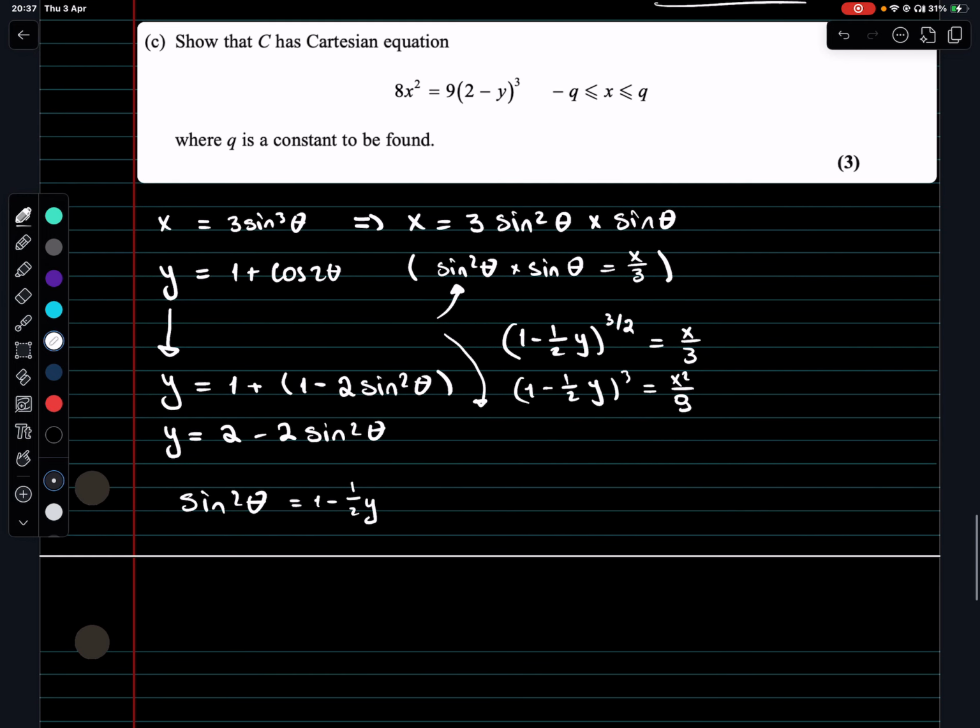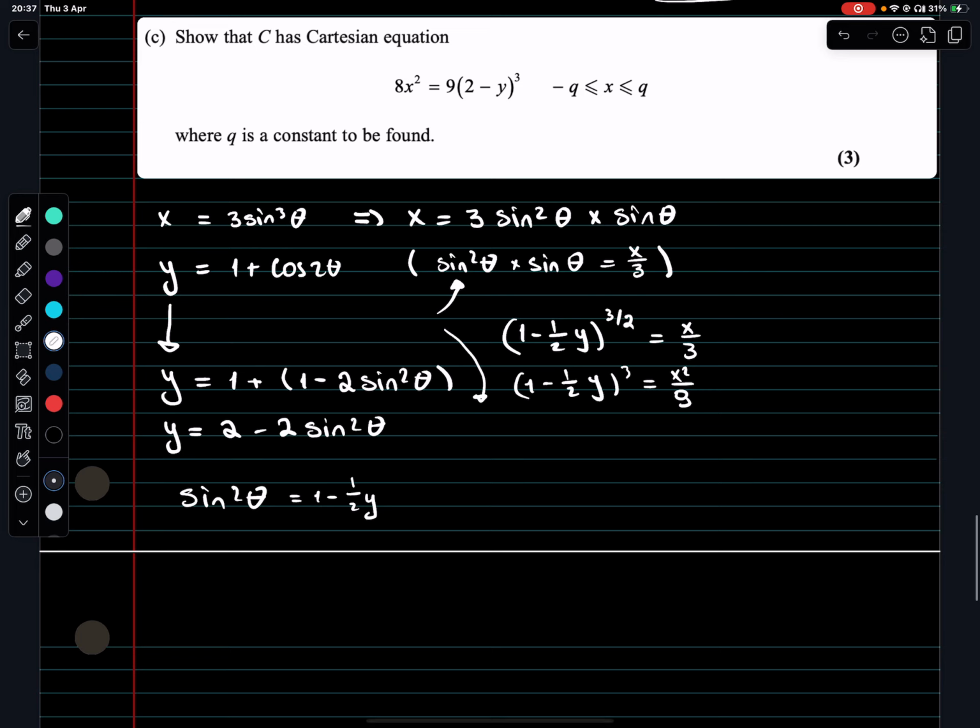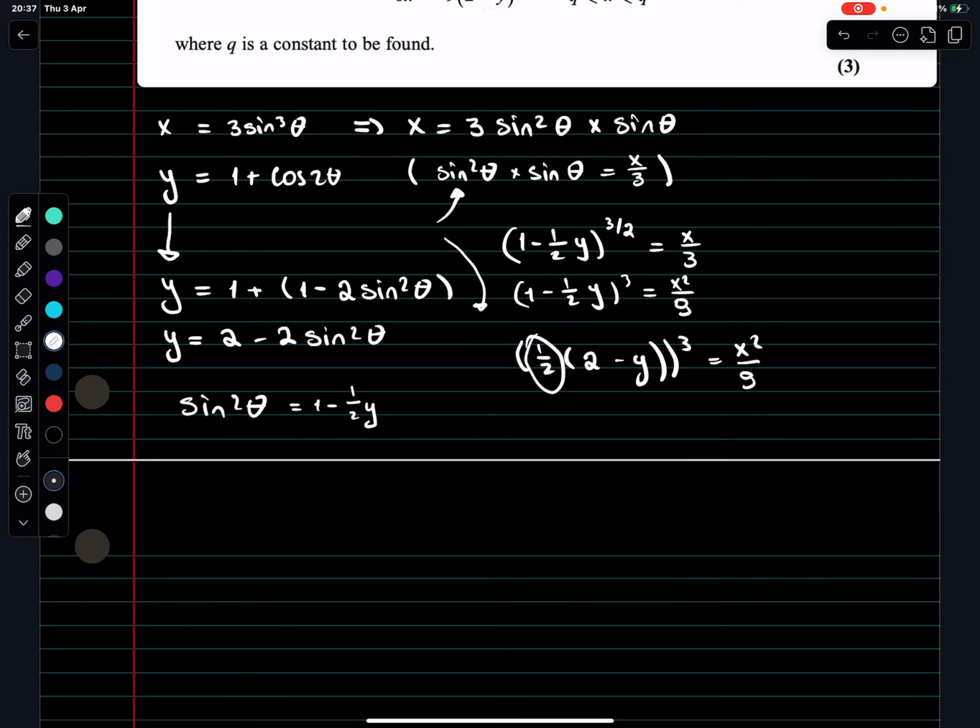Okay, so there is a 2 over there. What I want to do now is get the form they want. I'm going to be taking 1/2 out. That's going to be 2 minus y, still all together cubed, equals x squared divided by 9. So this is going to give us 1 over 8 times 2 minus y cubed equals x squared divided by 9.